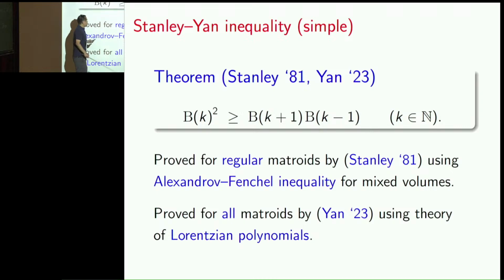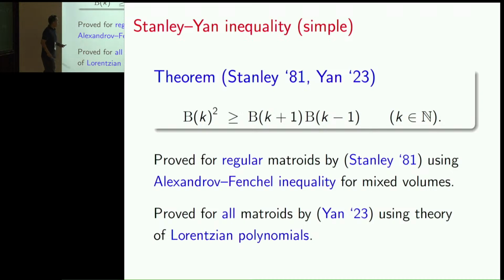Then, by using the Alexandrov-Fenchel inequality, which is a log-concave inequality for mixed volumes, this inequality follows immediately. Okay? The second phase was completed last year by Alan Yan, who back then was a student of June Huh at Harvard, where he used the technique of Lorentzian polynomials to finally solve the problem, not only for regular matroids, but for all matroids.